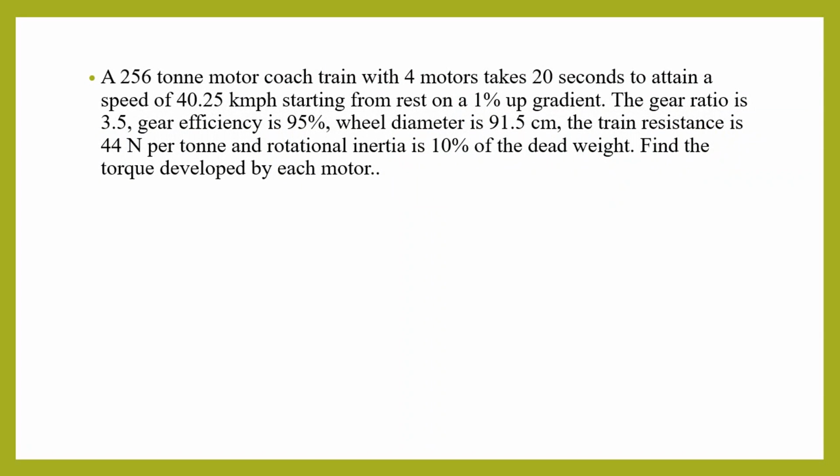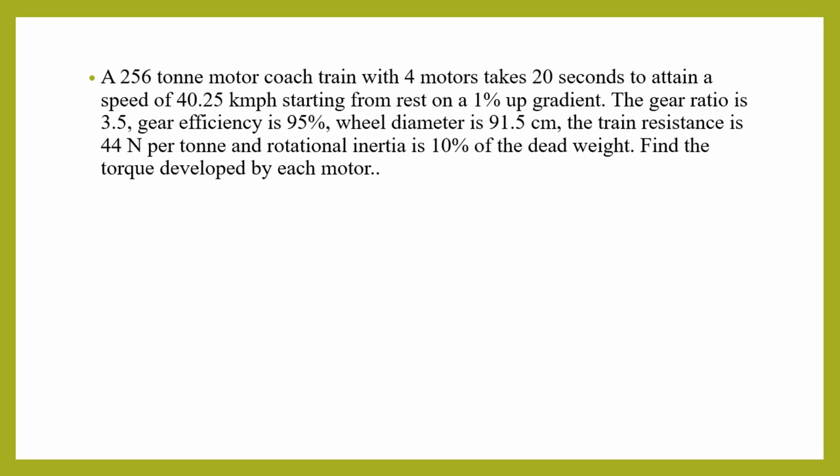Problem statement: a 256-ton motor coach train with 4 motors takes 20 seconds to attain a speed of 40.25 km per hour starting from rest on a 1% up gradient.